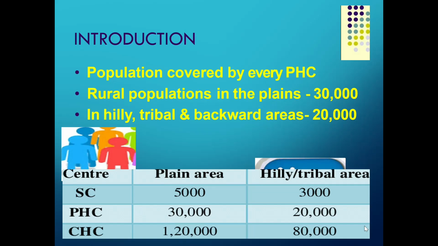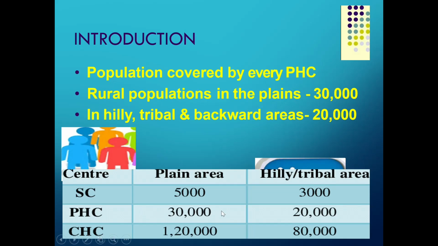In hilly and tribal or backward areas, even if it is not around 30,000, that is okay. Up to a maximum of 20,000, they allot a PHC for hilly, tribal or backward areas.